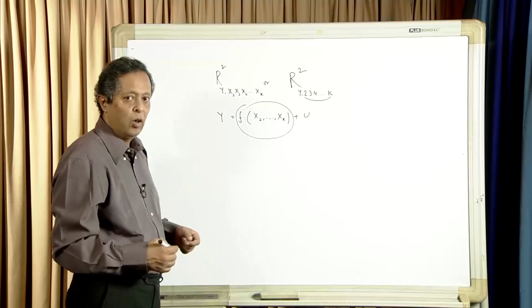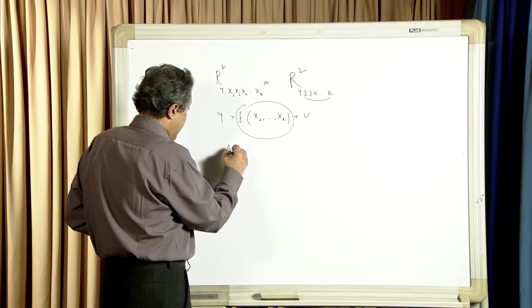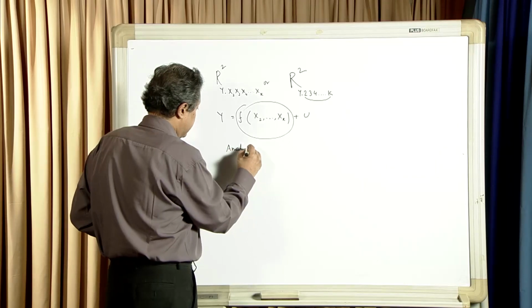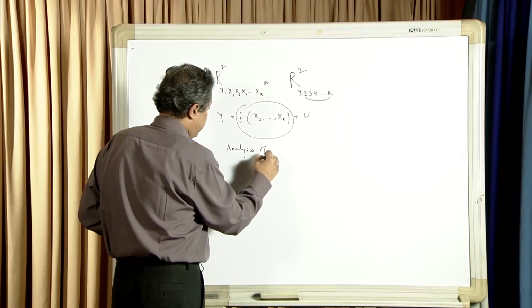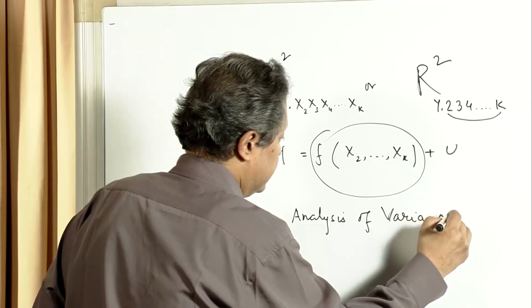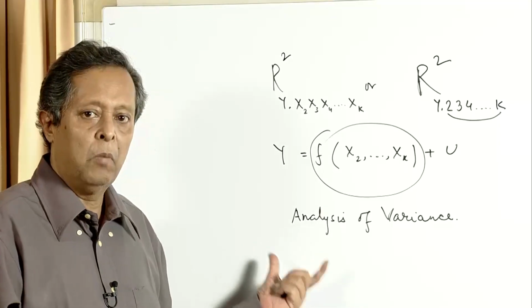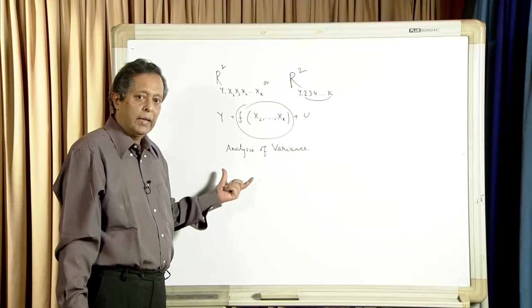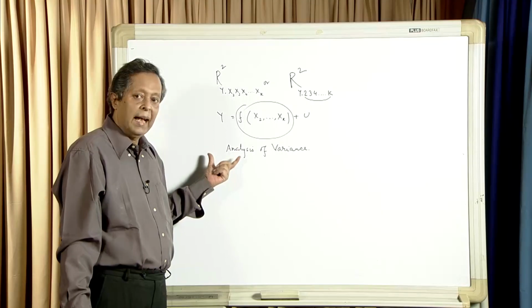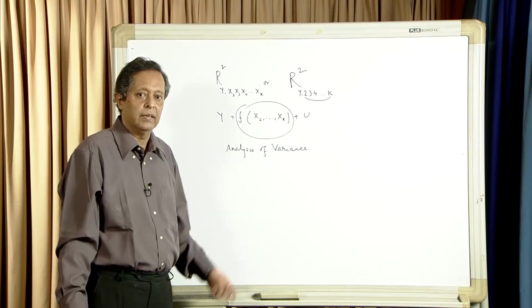And this decomposition gives rise to what we call the analysis of variance. So, we analyze the variance of this model. We will now look at an ANOVA table, which is also known as the table for analysis of variance.